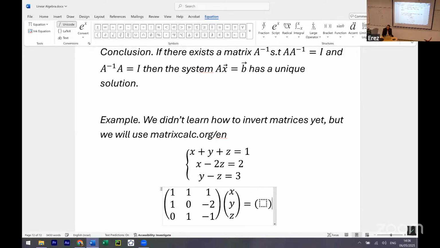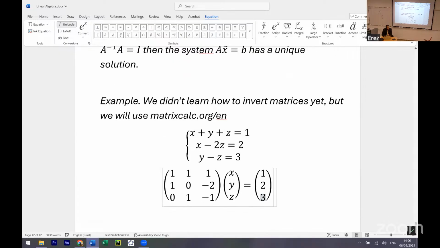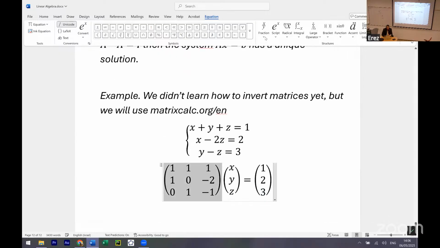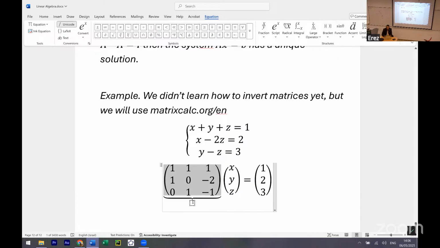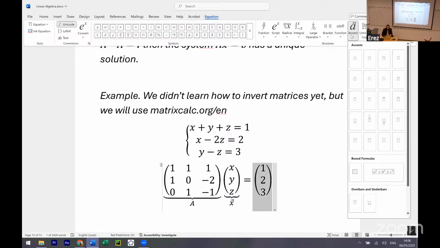And the constant vector is 1, 2, 3. Okay, so this is the A I've been talking about. This is the vector x. This is the constant vector b.